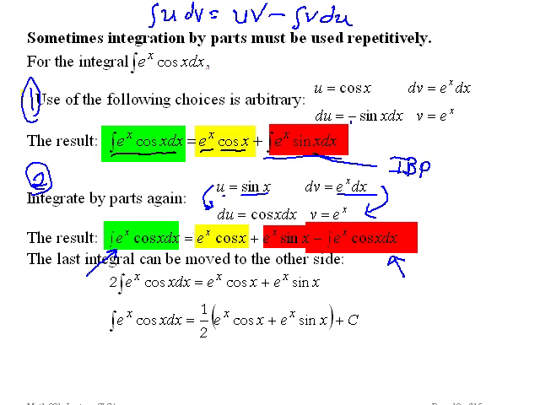I'm going to add the integral of e to the x cosine x dx to both sides of the equation. I end up with a 2 over here. So I have 2 times my original green integral. That was supposed to be green. All right, but now there's a 2 multiplying it. I have the terms on the other side. I can isolate it by dividing by 2, and that's my answer.